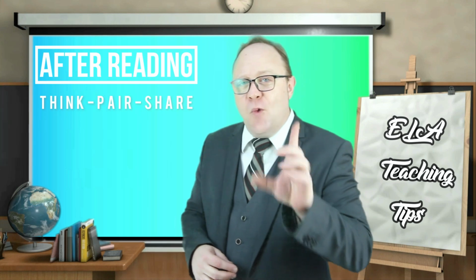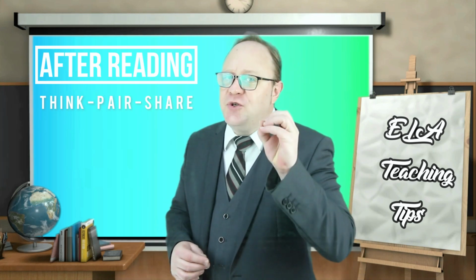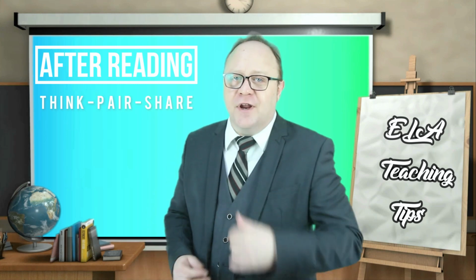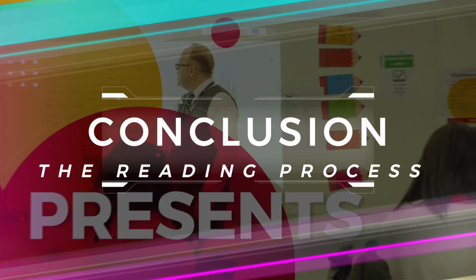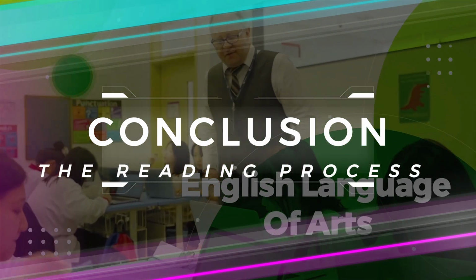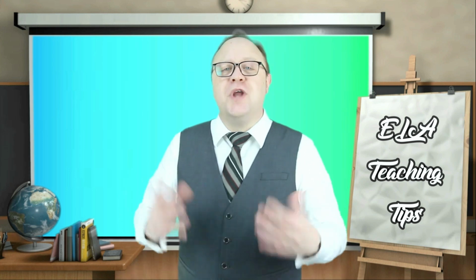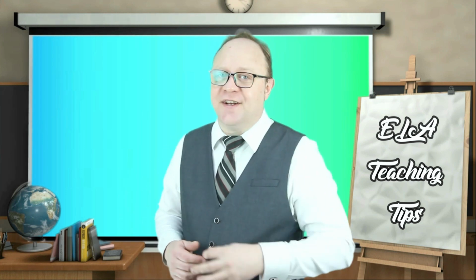But there's also one very important thing that your students have to do during the 3 parts of the reading process. Here we go with today's conclusion of this video series and that question.